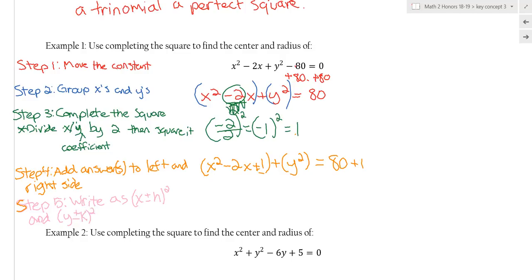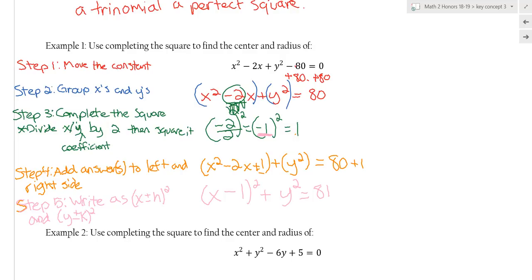Okay, so here, this becomes x. Whatever you got when you divided, that's your number that goes there. It's x minus 1 squared. We're going to do a lot more examples. There's nothing with y, so it's just y squared. You don't really need the parentheses. I don't care if you have them. Equals, and then 80 plus 1 is 81.